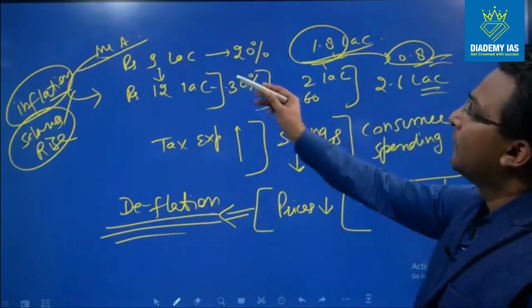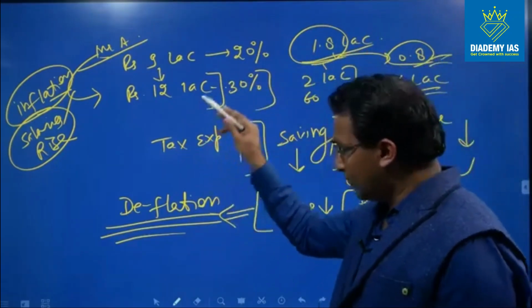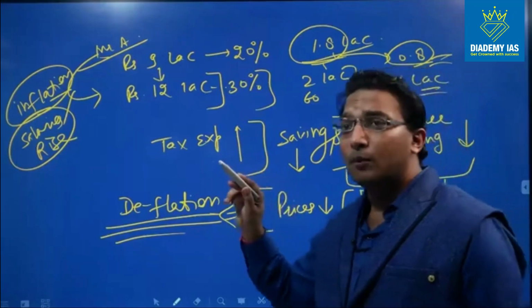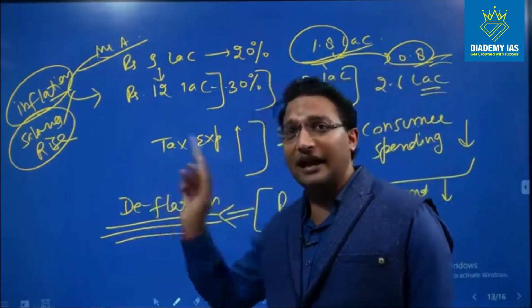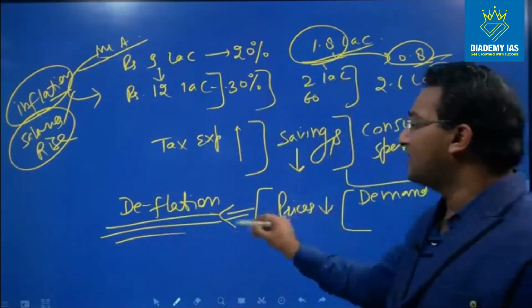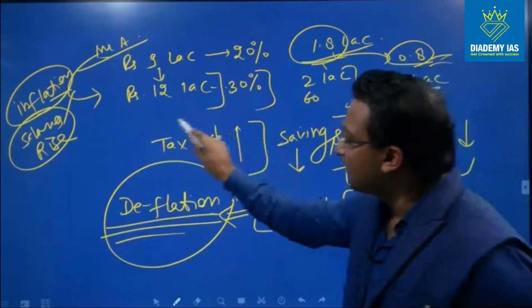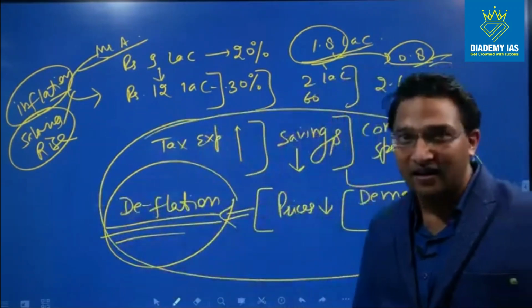So you can see, because of the progressive taxation, the rise in the tax expenditure is more than the proportionate rise in the income, and because of that there is a deflationary condition. So this process is called fiscal drag, right?